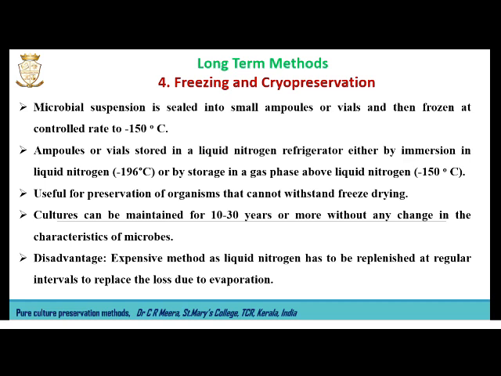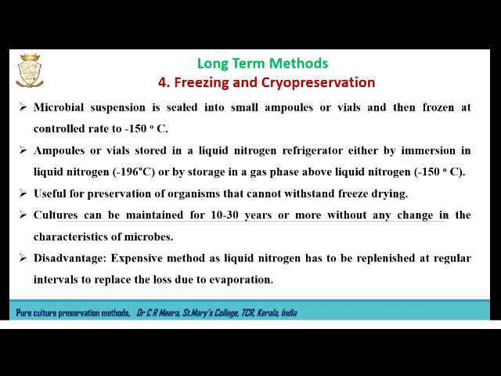The ice crystal formation will not take place as the cryopreservative agents like glycerol or DMSO is present in the suspension. Then these ampules or vials are stored in a liquid nitrogen refrigerator either by immersion in liquid nitrogen, that is at minus 196 degree Celsius, or it can be kept over the liquid nitrogen in the gaseous phase, that is at minus 150 degree Celsius.